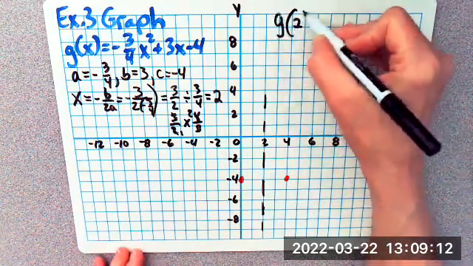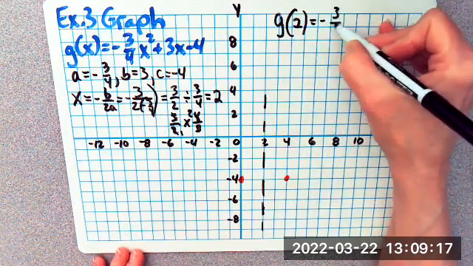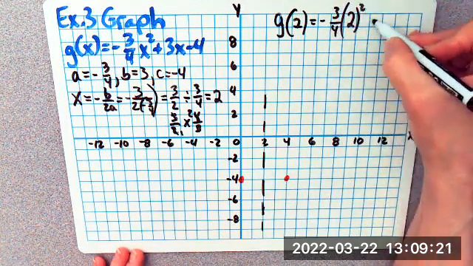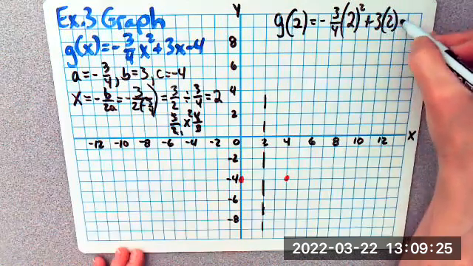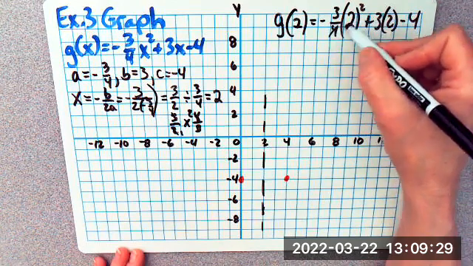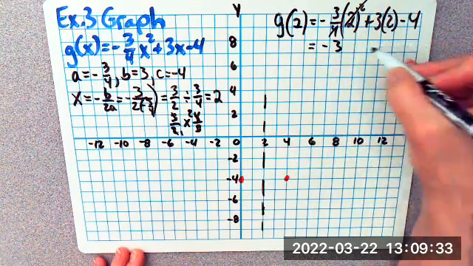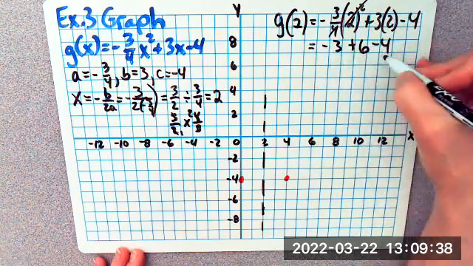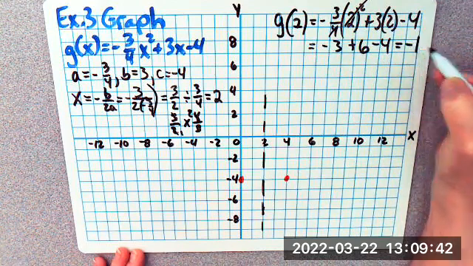G of 2, and we plug that in: negative 3/4 times 2 squared plus 3 times 2 minus 4. So 2 squared is 4, so that cancels out. So we have negative 3 plus 6 minus 4. So that's negative 7 plus 6, which gives us negative 1.